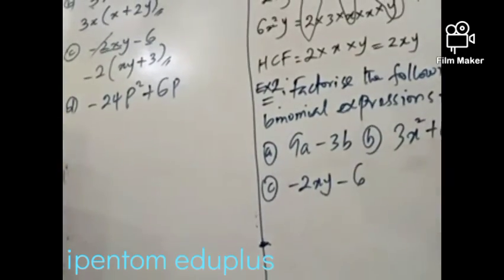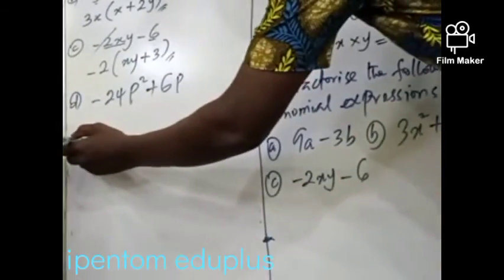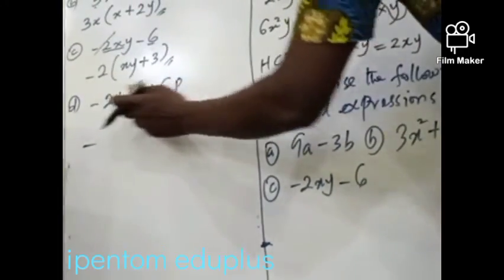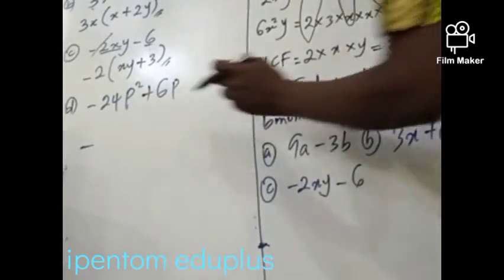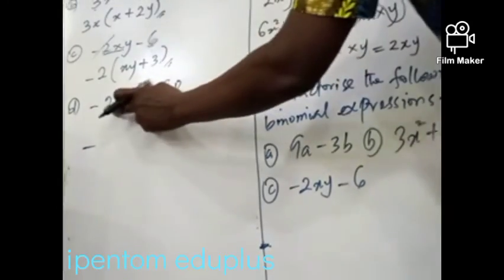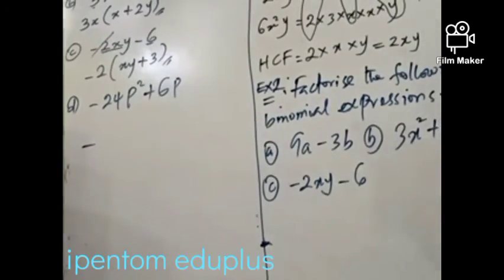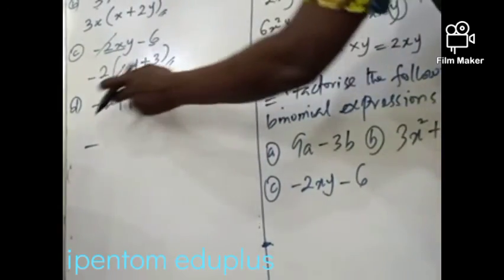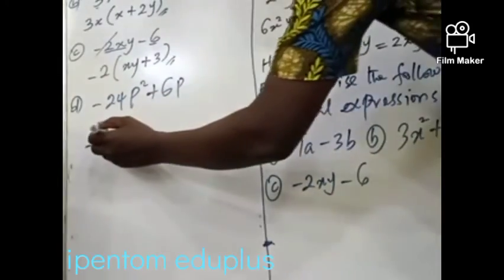I said earlier that whenever you have minus here, when you are factorizing, you retain the minus. So we have minus, then we look at the numbers. We have 24 here, we have 6 here. The highest number that can divide 24 without remainder is 24, but 24 cannot go in 6. Whereas the highest number that can divide 6 without remainder is 6, and 6 can go in 24. That means our highest common factor will be 6.